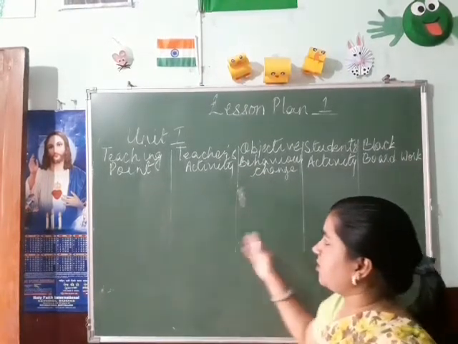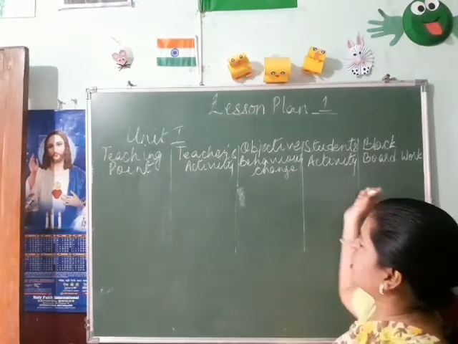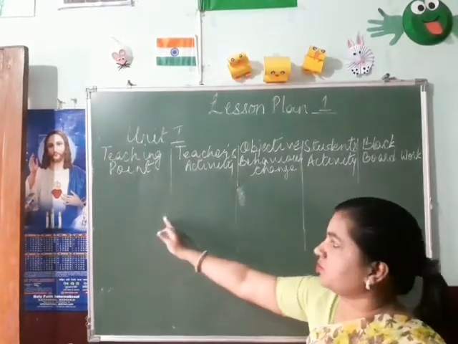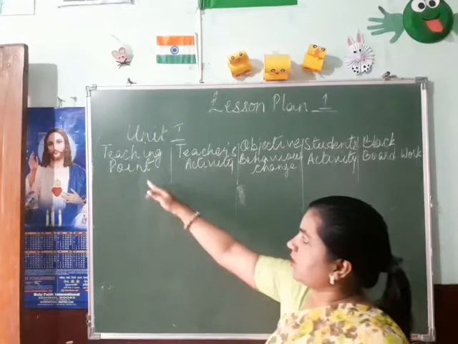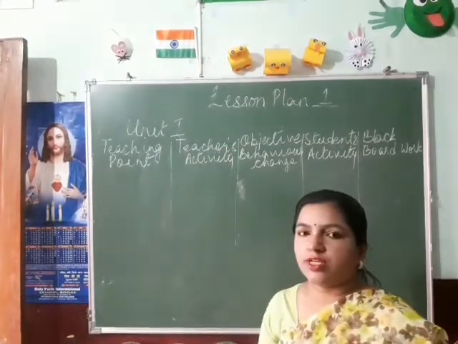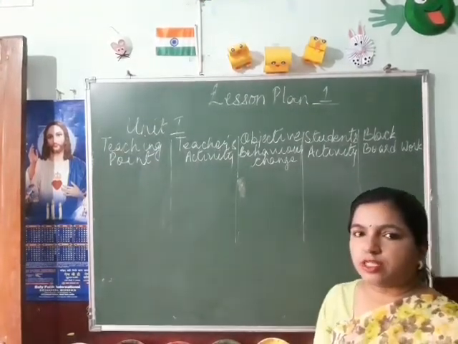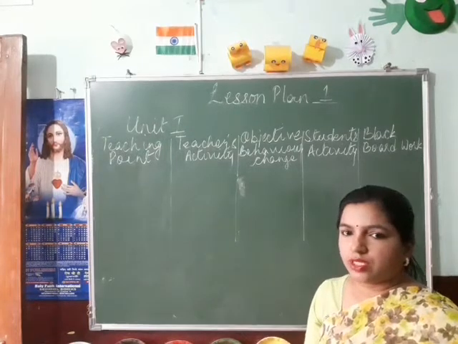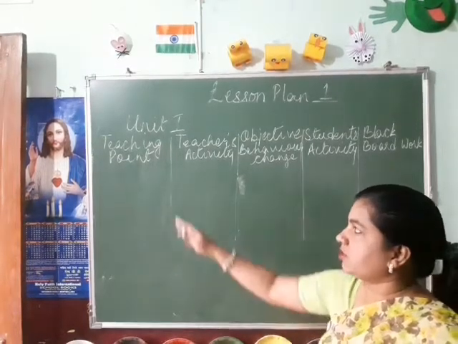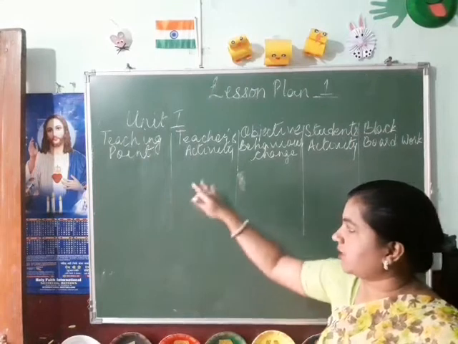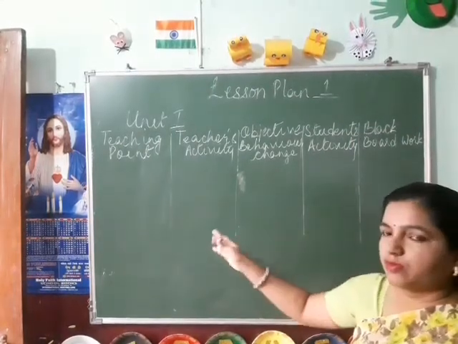So we divide the page into 5 columns and these are the 5 points that you have to take. Now in teaching objectives, we are following Herbert 5-step method of teaching. So in that there will be 5 points, 5 teaching points, and then accordingly these columns will be followed.